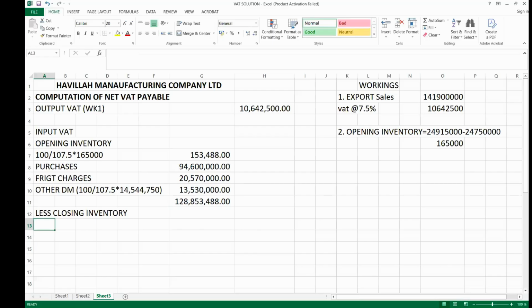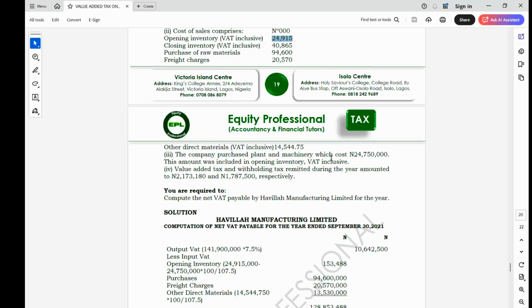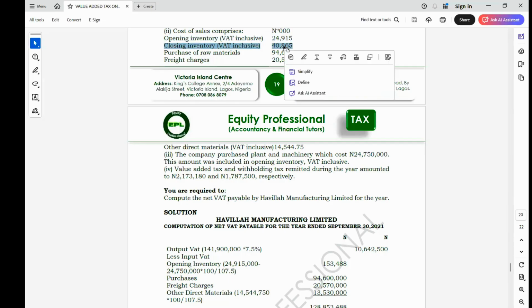Let's look at the closing inventory. Let me go back to the question to see what we are told. Under the closing inventory, we are told that it is VAT inclusive, so we also make it exclusive. We are not told that any item of capital expenditure is included in the closing inventory, only that it is VAT inclusive.